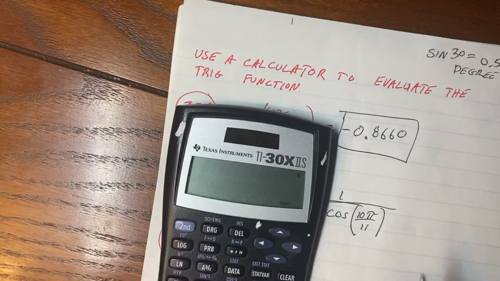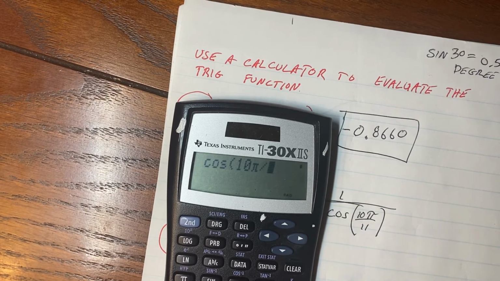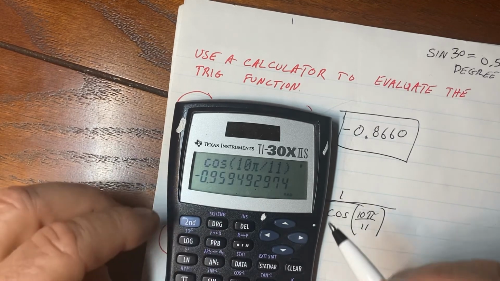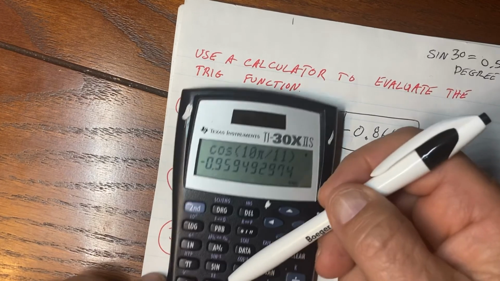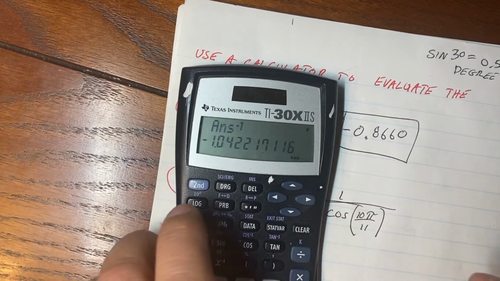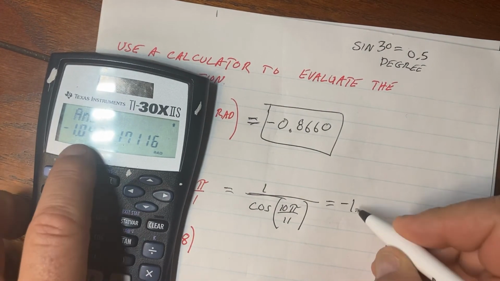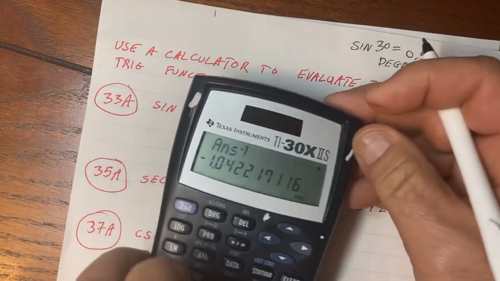So cosine of 10 times pi divided by 11, and then press equals. And now I have to take the reciprocal, and my reciprocal button is right there. And we get negative 1.0422.